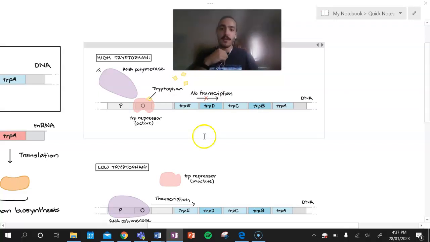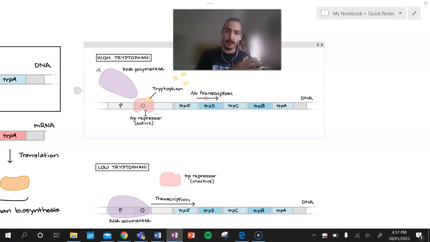So we talked about the operator before. It's a sequence just before the genes where a molecule, a repressor, can bind. This red thing here is the Trp repressor. Now the kicker is that the Trp repressor only binds onto this operator if it has a particular shape, and it gets that shape by binding with tryptophan. How amazing is that?